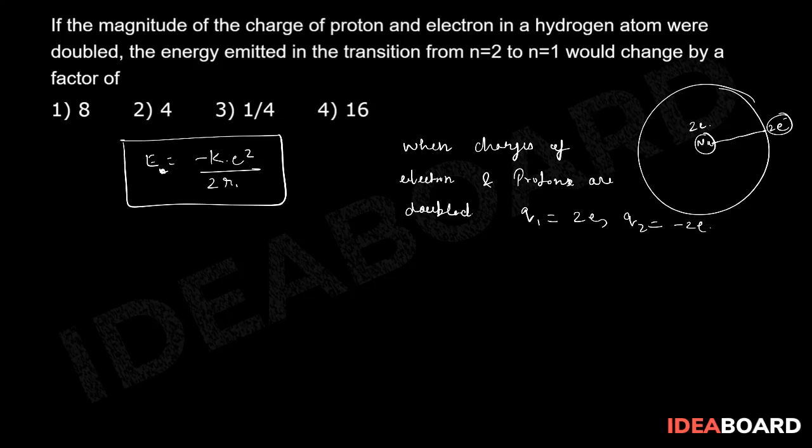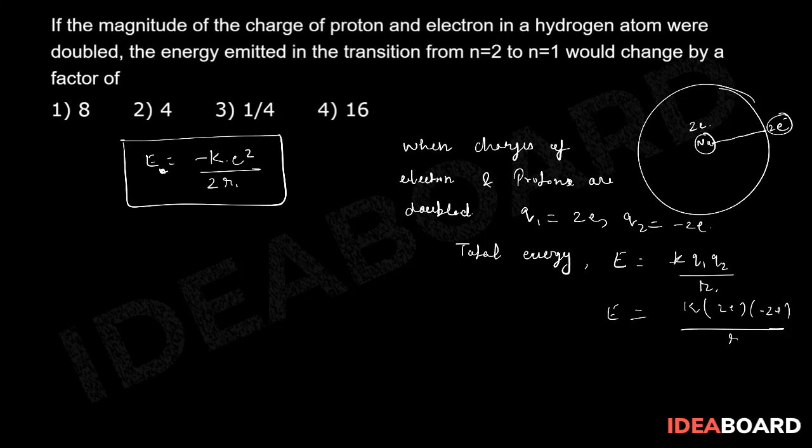So now I can write total energy, right, total energy in that orbit is going to be k into q1 q2 by r, okay? So this will be E is equal to k into 2e into minus 2e divided by r.